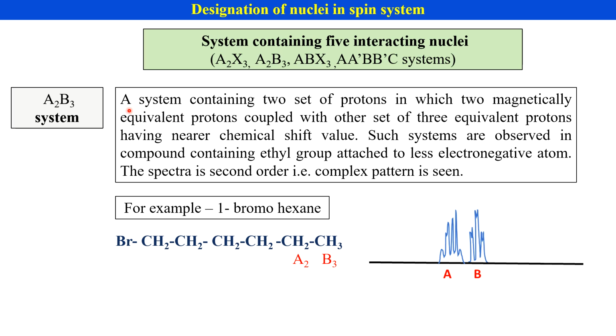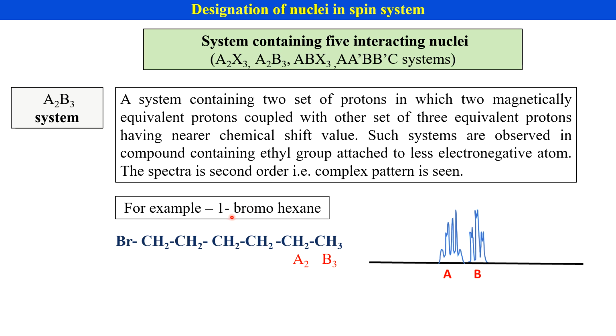This is also an ethyl group spin system, a system containing two sets of protons in which two magnetically equivalent protons couple with another set of three equivalent protons having nearer chemical shift value. Such systems are observed in compounds containing an ethyl group attached to a less electronegative atom, and the spectra is second order.